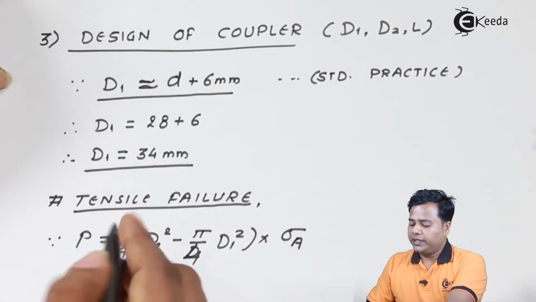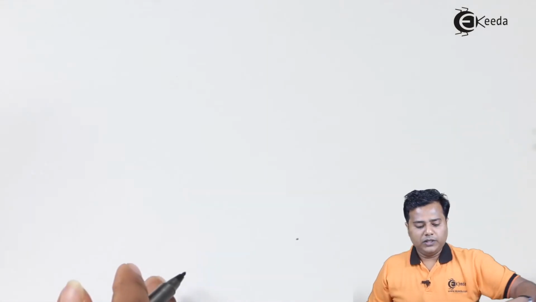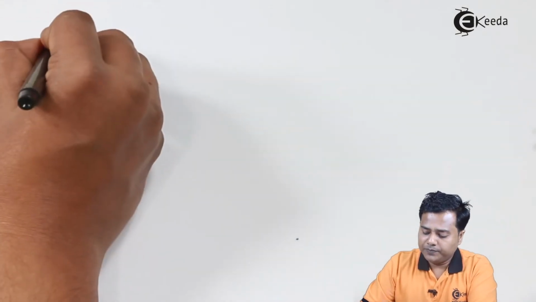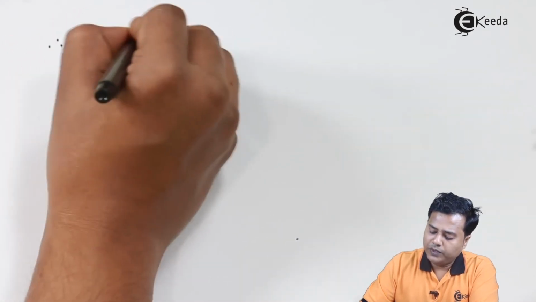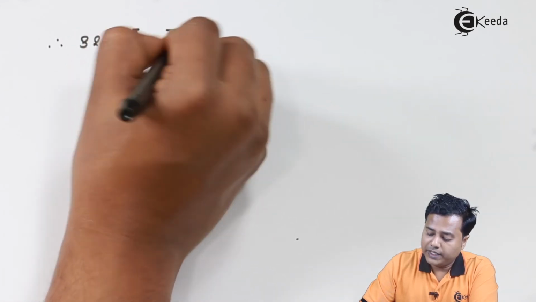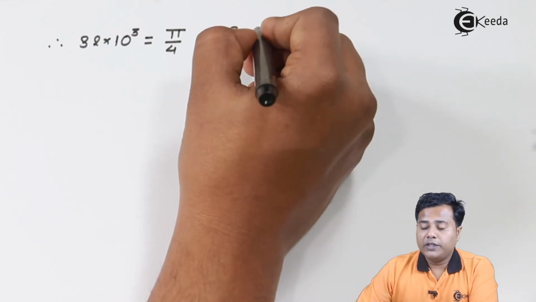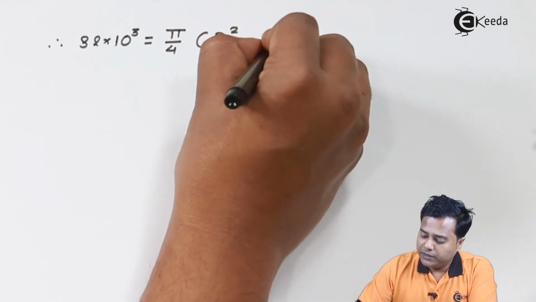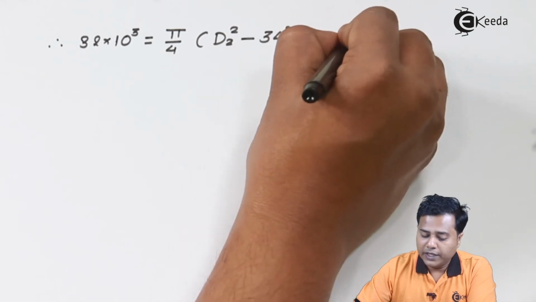As we move ahead, we have these values with us. We have to find out the d2 value. So we get 32 into 10 raised to 3 is equal to pi by 4, we can take this common, into d2 square minus d1 square, which we have found out is 34 millimeter, into its tensile strength, which is 84.